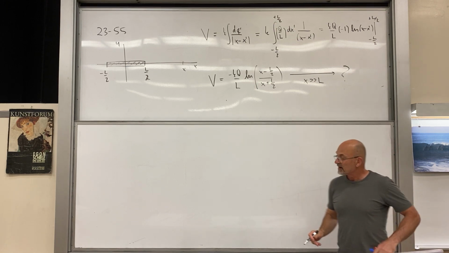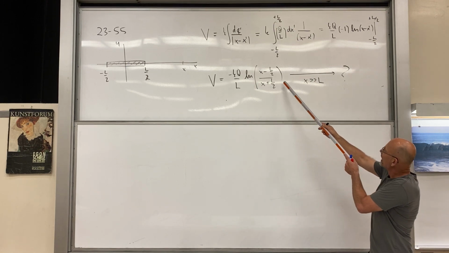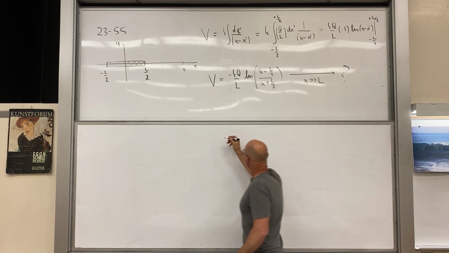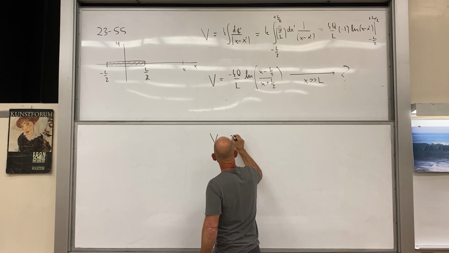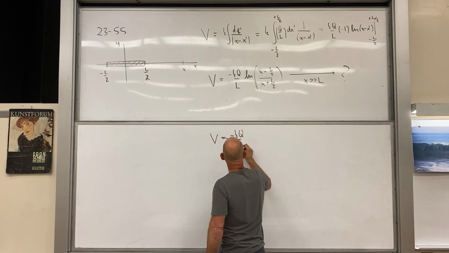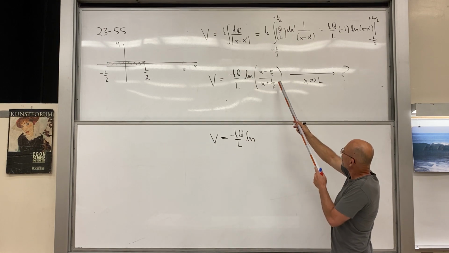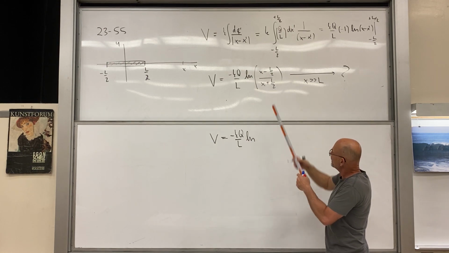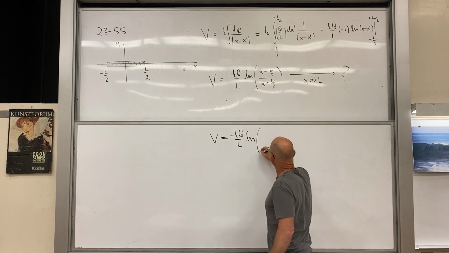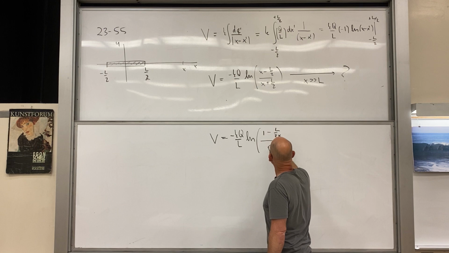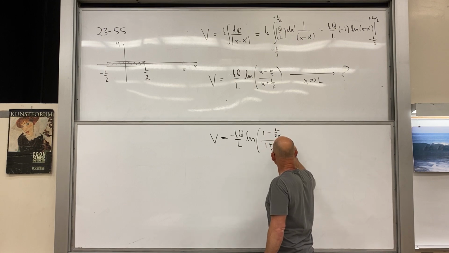Okay, we can do that by operating on this a little bit. And in fact, we'll still have an exact expression, KQ over L, if we divide top and bottom of the argument by x. So that's the natural log of (1 minus L over 2x) over (1 plus L over 2x).